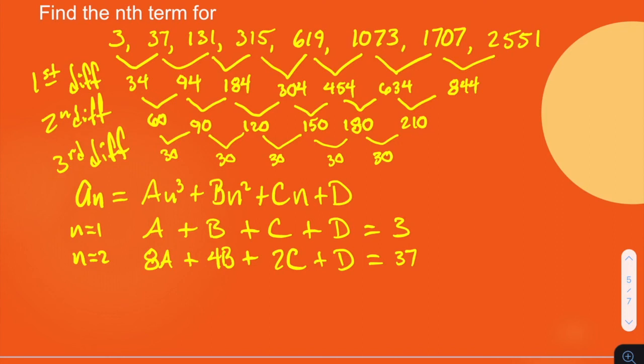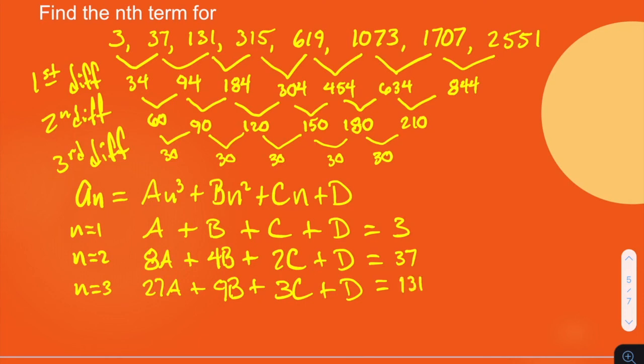So a sub 2 is 37. Now when n equals 3, we're looking at 3 to the third, that's 27a plus 9b plus 3c plus d, and that's going to equal our third term, which is 131.